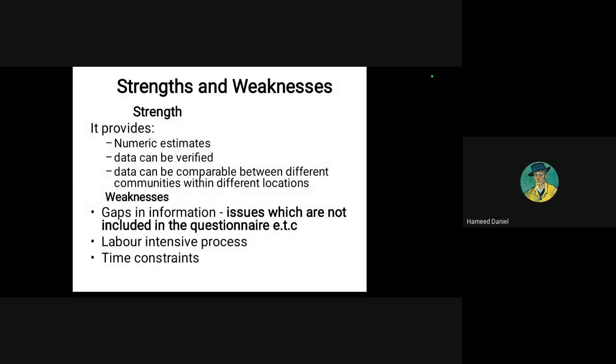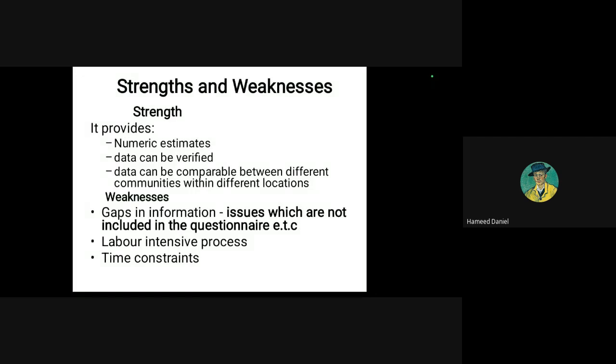As much as it has these strengths, there are some weaknesses that you cannot overlook too. An example of that is gap information. What is this saying? You can only get the information that you have included in your questionnaire or your observation activity. You cannot get anything outside of that. It depends on whatever it is that you have included in the questionnaire.